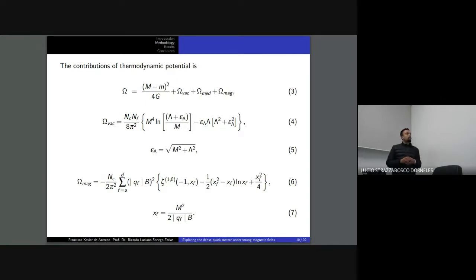So we can separate our thermodynamic potential into contributions: the vacuum contribution, the medium contribution, and the magnetic contribution. The vacuum contribution is given by equation 4, and the magnetic contribution is given by equation 6.